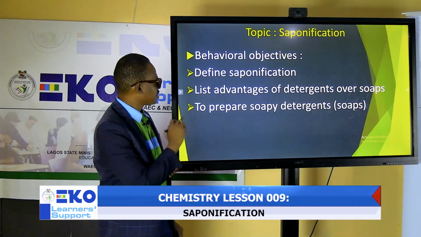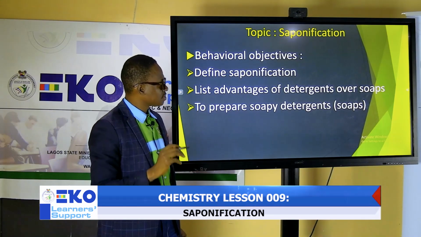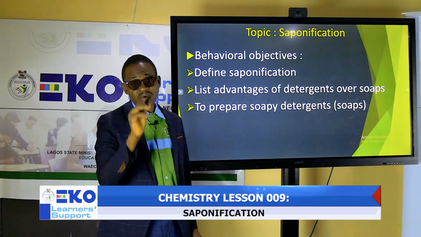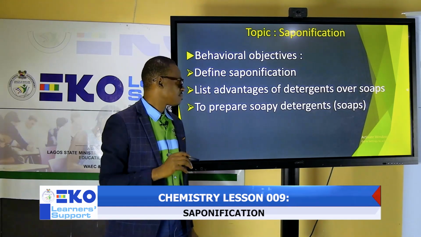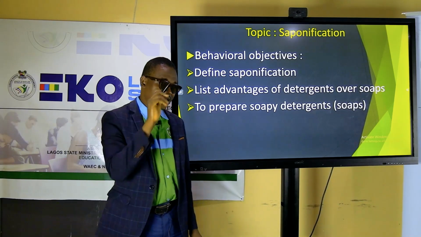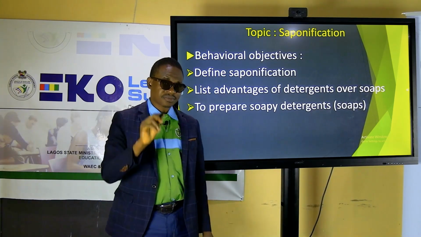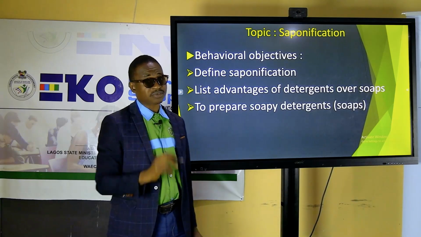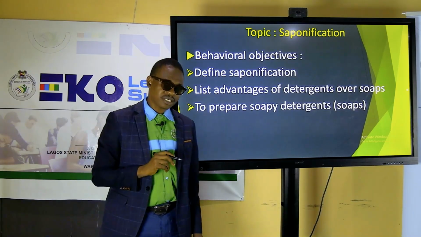Secondly, to list the advantages of detergents over soaps. You know the examples of detergents, Ariel, the one you use at home, over the soap, the one you use to bathe.